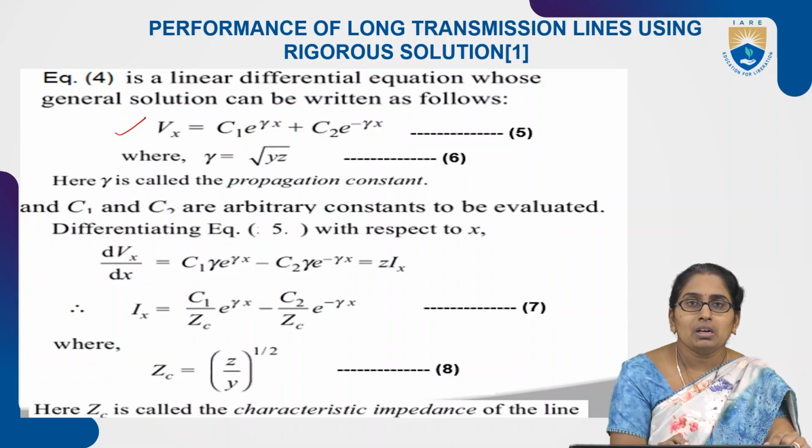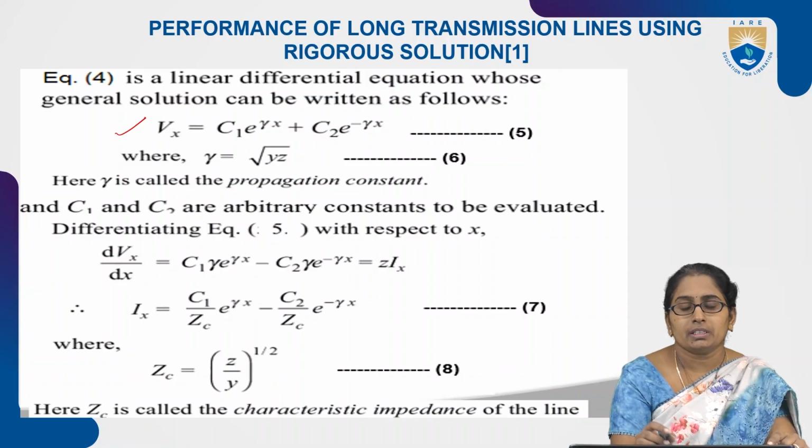And gamma is given by square root of yz, small y into small z, and gamma is called the propagation constant.